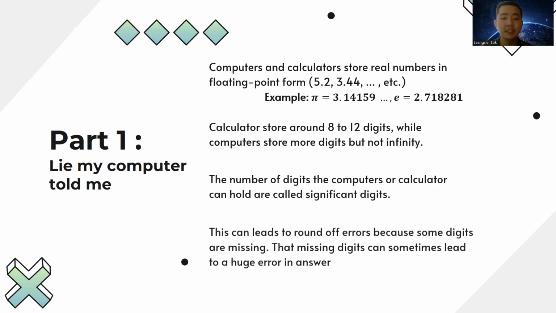The number of digits the computer or calculator can hold is called significant digits. This can lead to round-off error because some digits are missing. Because of the capacity of the calculator, a missing digit can sometimes lead to a huge error in the answer.